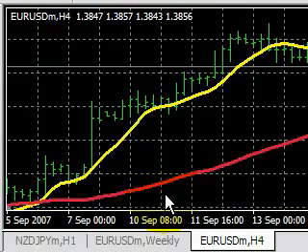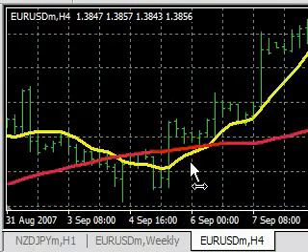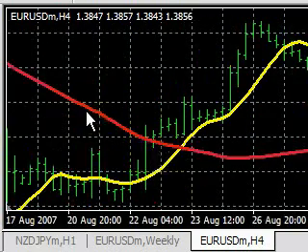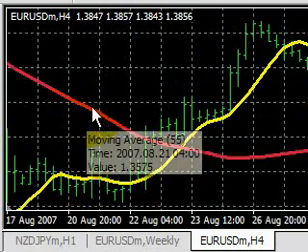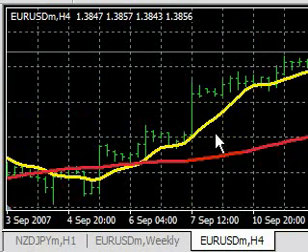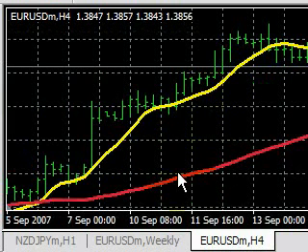We will use the 55 period moving average to determine if our setups are high probability or lower probability. Don't get me wrong, both setups are fine, but as I said, you should be a little bit more careful on the lower probability trades. I'll actually show you some setups.